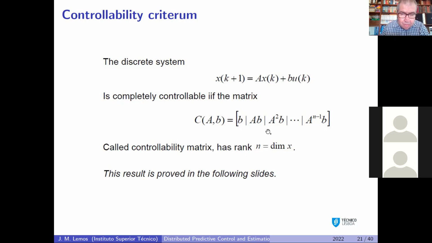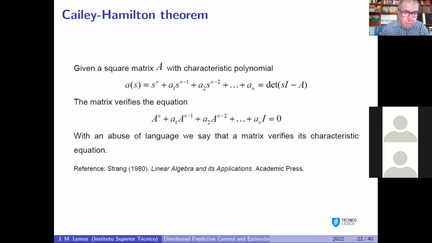Where does this come from? Let's prove it. And to prove it, I need the Cayley-Hamilton theorem. What is the Cayley-Hamilton theorem? Suppose that you have a square matrix, capital A, and you will remember from linear algebra that the characteristic polynomial is the determinant of sI minus A, where s is a complex variable.